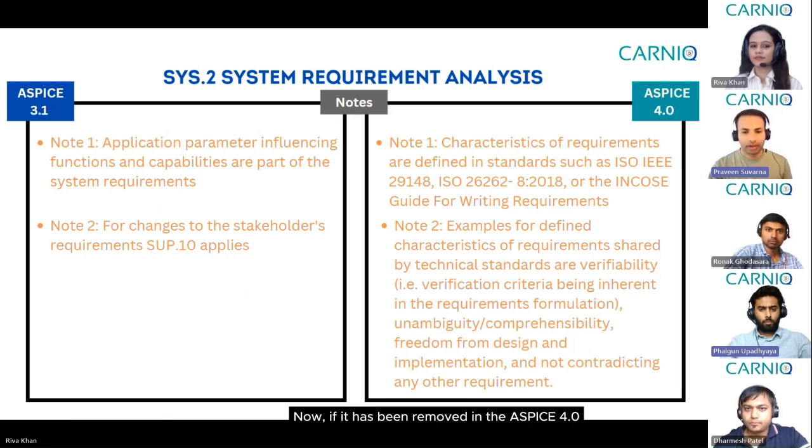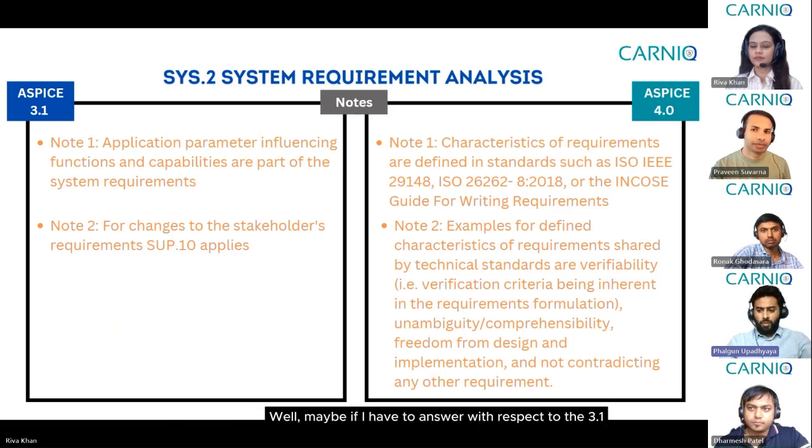Now, if it has been removed in ASPICE 4.0, I'm sure there would have been some issues with respect to this particular base practice or with respect to the verification criteria. So what was the challenge when it comes to the verification criteria in ASPICE 3.1?